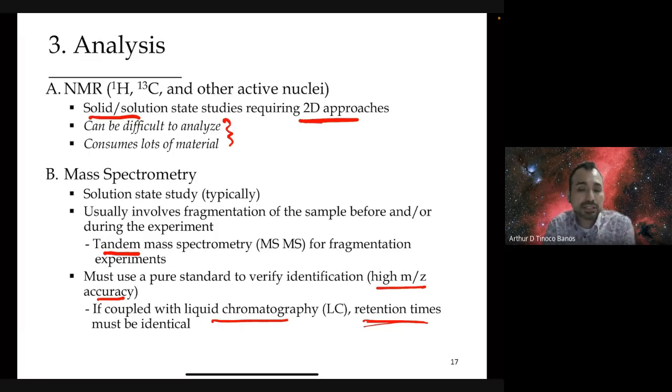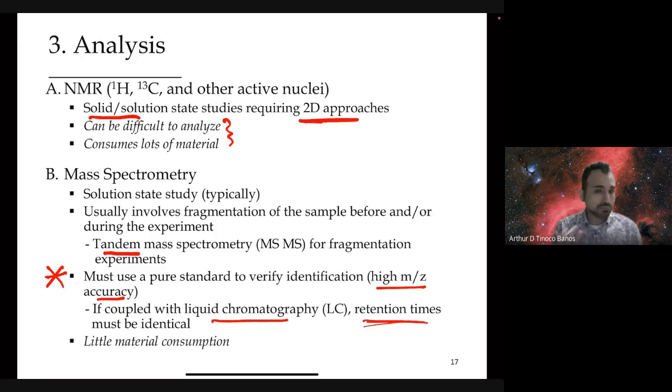So if that retention time matches the retention time of a pure standard, and you get the identical mass spectrum, then you know you have your sample of interest. But again, keep in mind that you may not always have a pure standard. That is something we can work around, because mass spectrometry is quite powerful, especially when you couple it to other spectroscopic techniques or other characterization techniques.